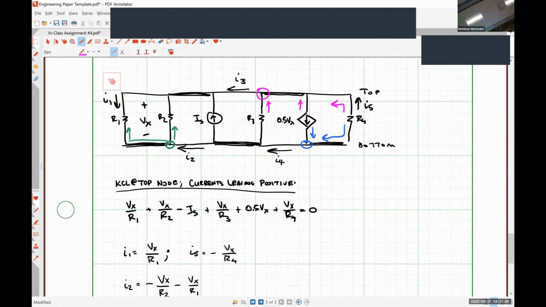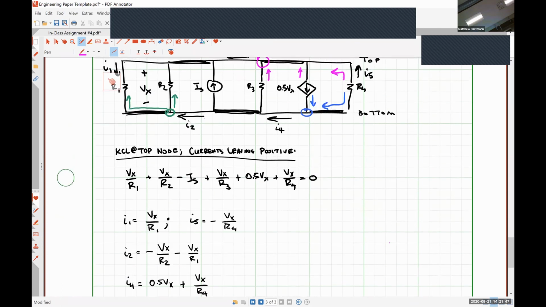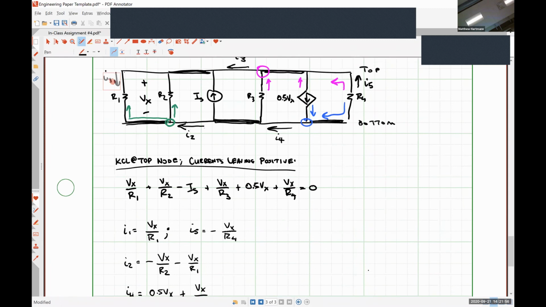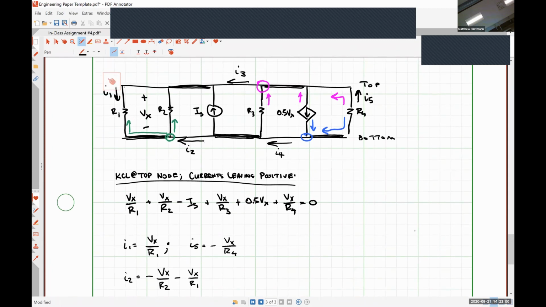All righty. So I3 is equal to, what's the current flowing up through resistor R3?